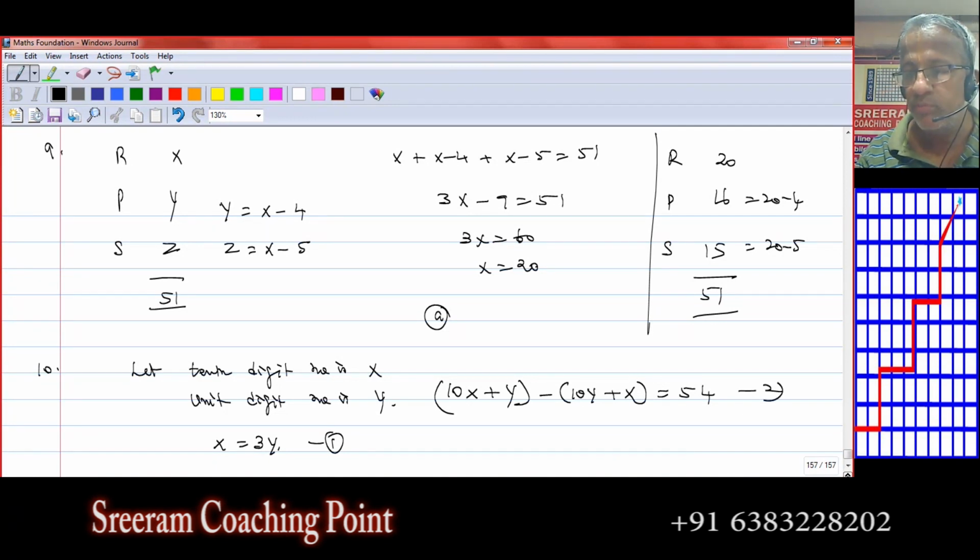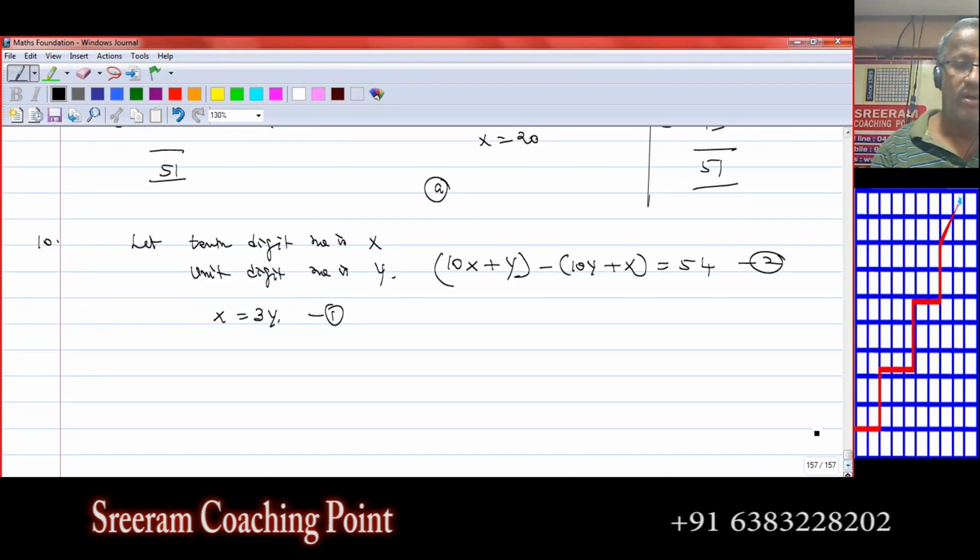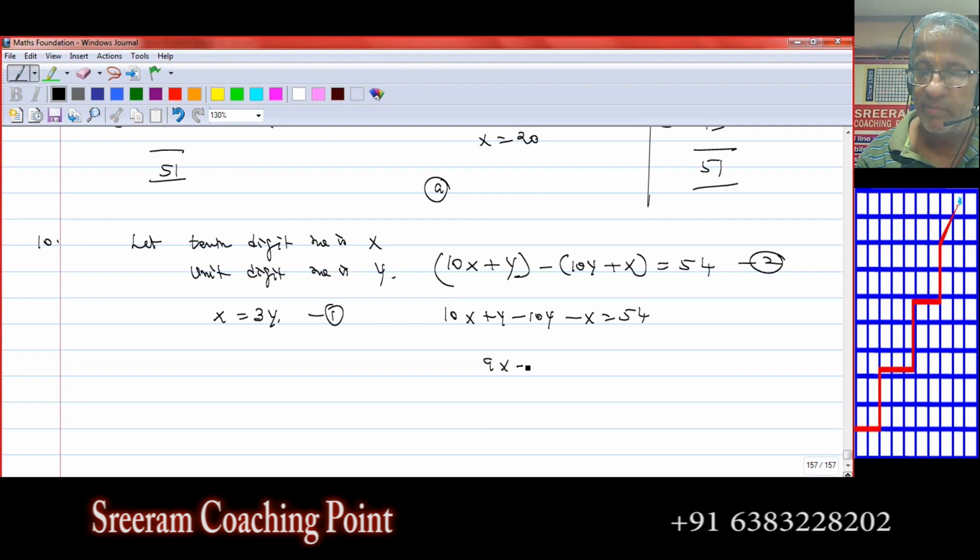This is equation number 2. So it is 10X plus Y minus 10Y minus X equal to 54. So it is 9X minus 9Y equal to 54. 9 you can take common, X minus Y equal to 6.